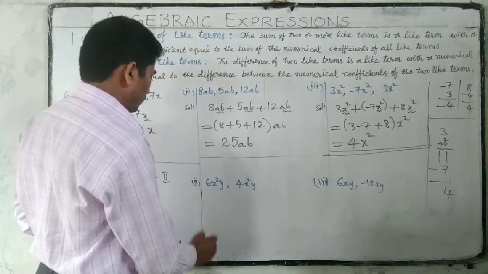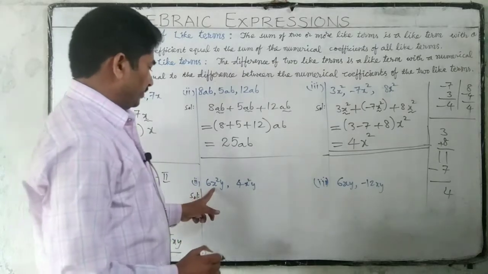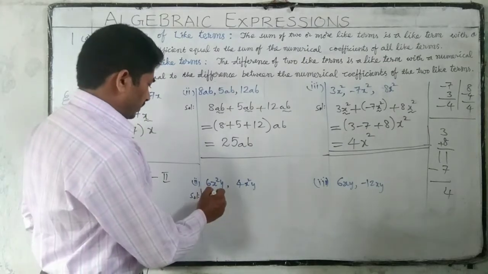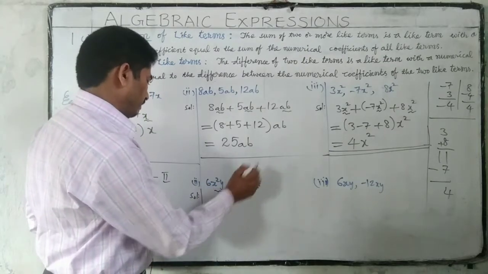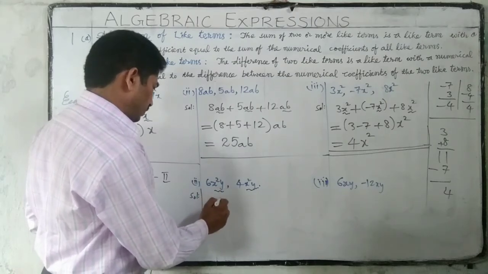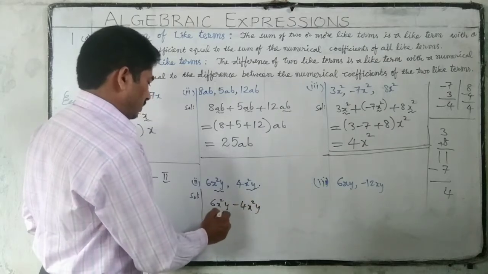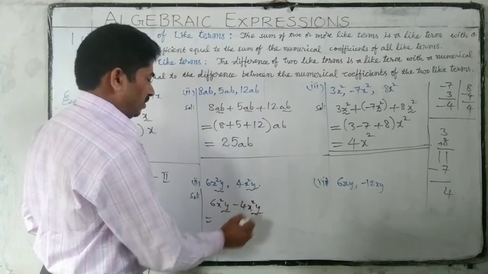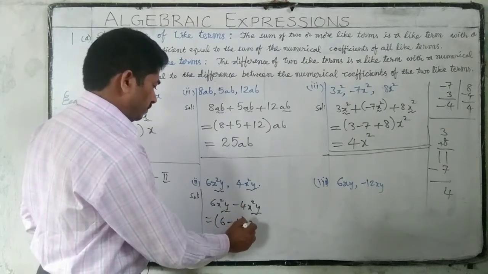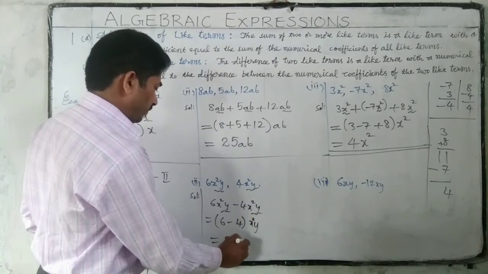Next, second one: 6x square y minus 4x square y. These are also like terms, x square y, x square y. x square y is common, so we subtract 6 minus 4, which gives 2x square y.